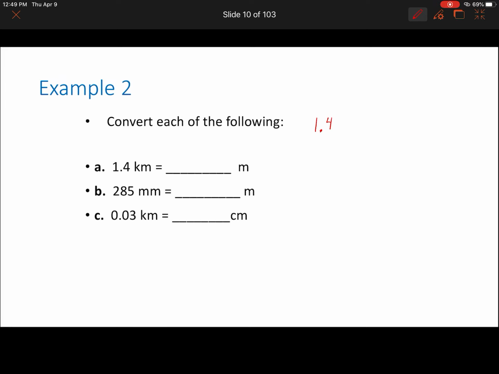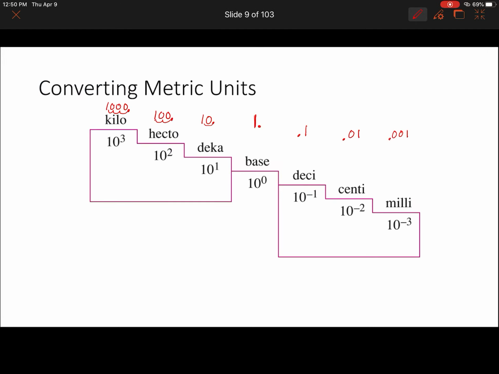Well, here's the great thing about this. 1.4 kilometers, if we're going down to meters, okay, go back to this slide. If we're going to go from kilometers here to meters, how many decimal places do we need to move our decimal? Because, again, we're moving it left from kilometers, right? As we go to hectometer, we move it 1 unit left. As we go to decameter, move it another unit, and so on.